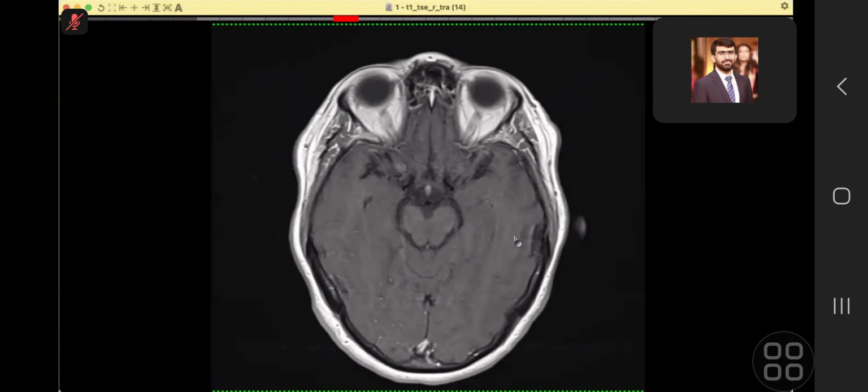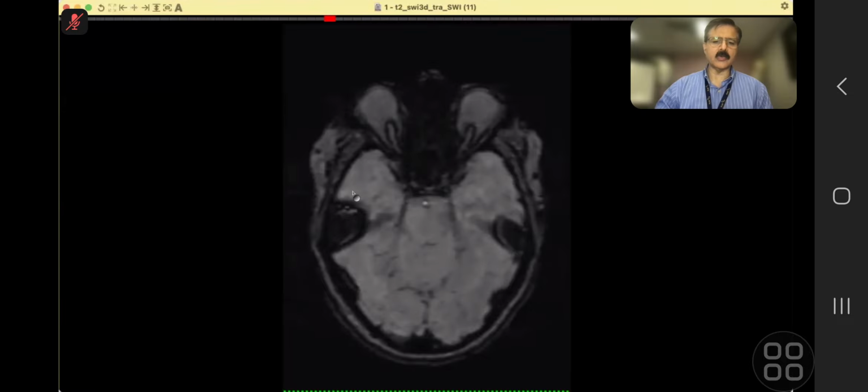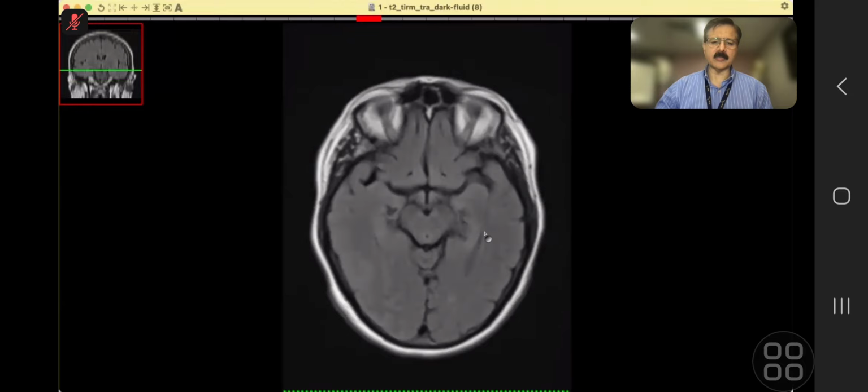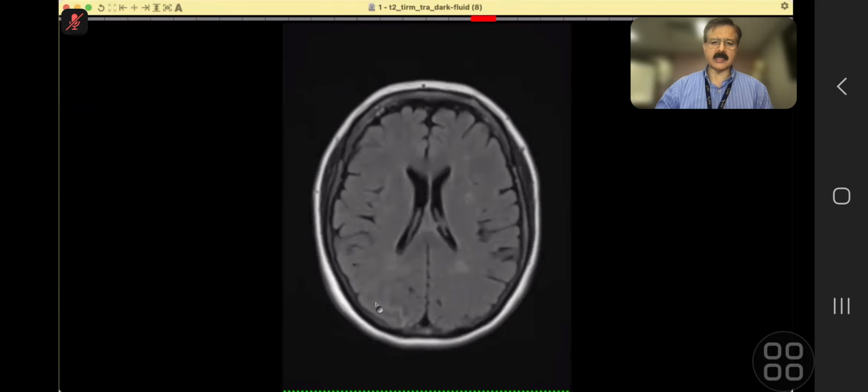Sir, I would correlate the hyperintensity to FLAIR signals whether they are enhancing or not. Can I have the dual window? No, dual window, unfortunately, you will not have, but let me first of all orient you once again. I did not show you this axial T2.